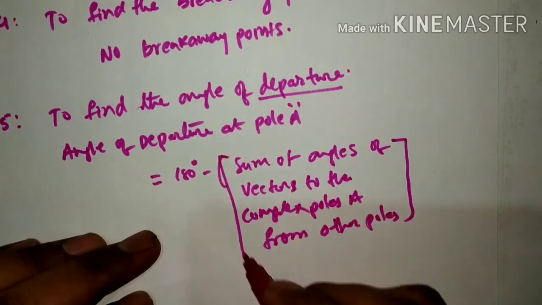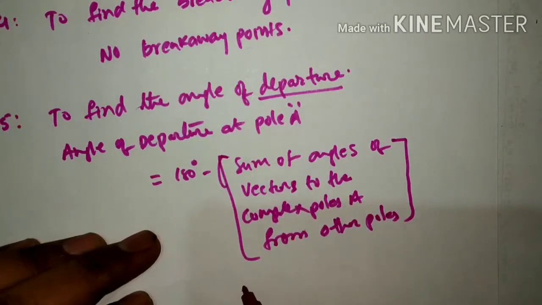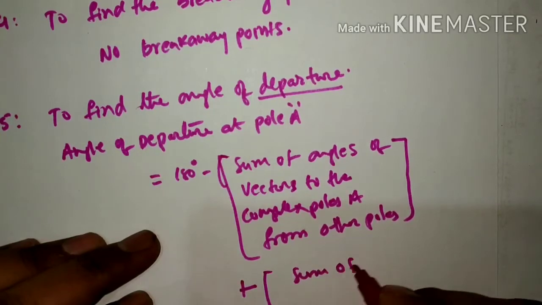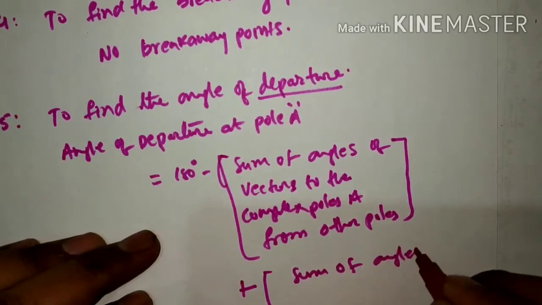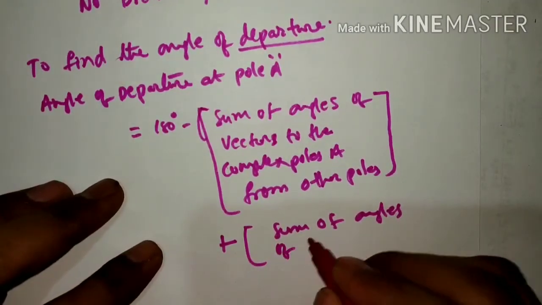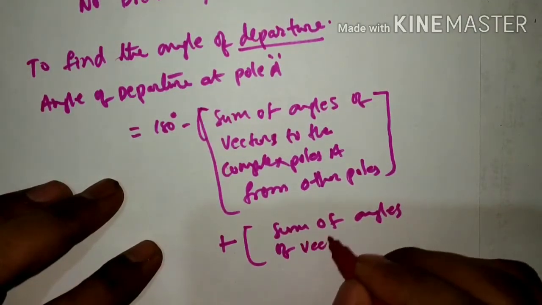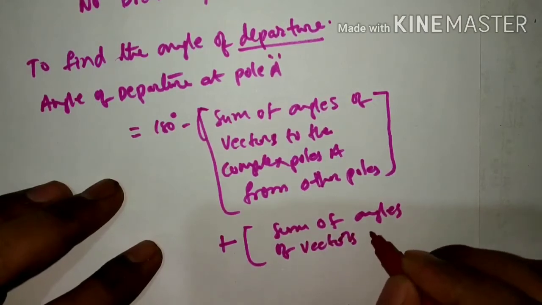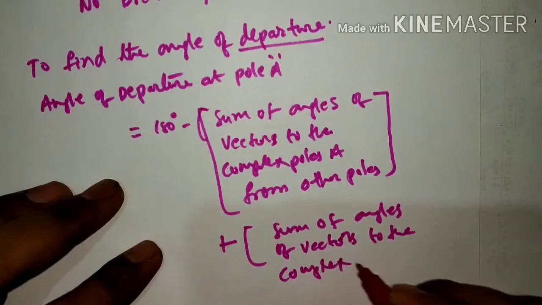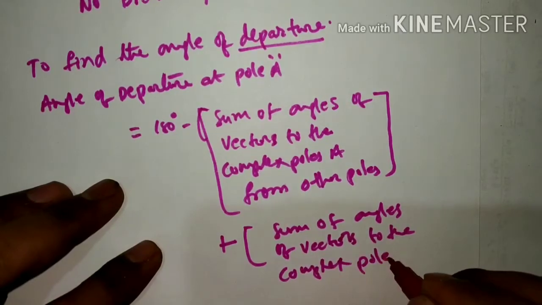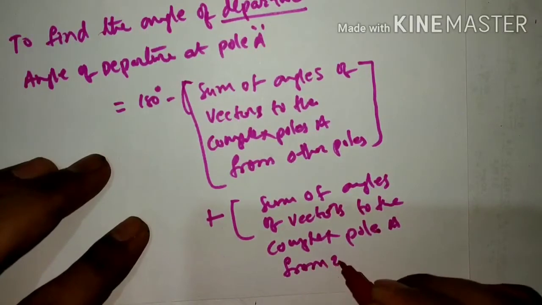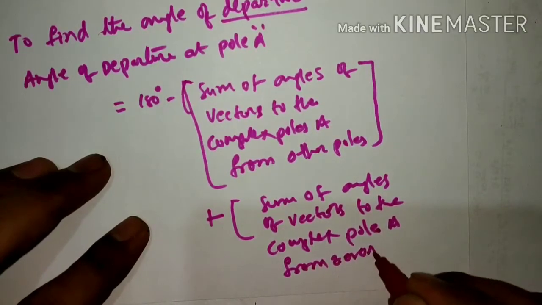Next, plus the sum of angles of vectors to the complex pole A from zeros.